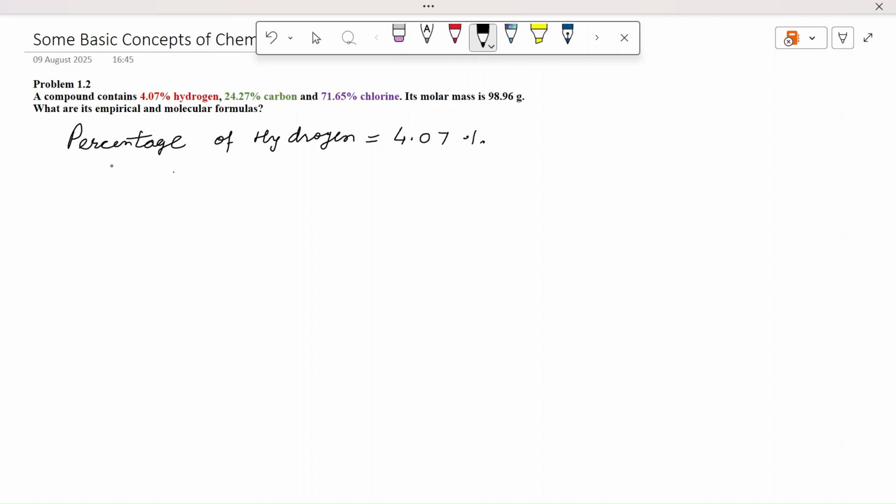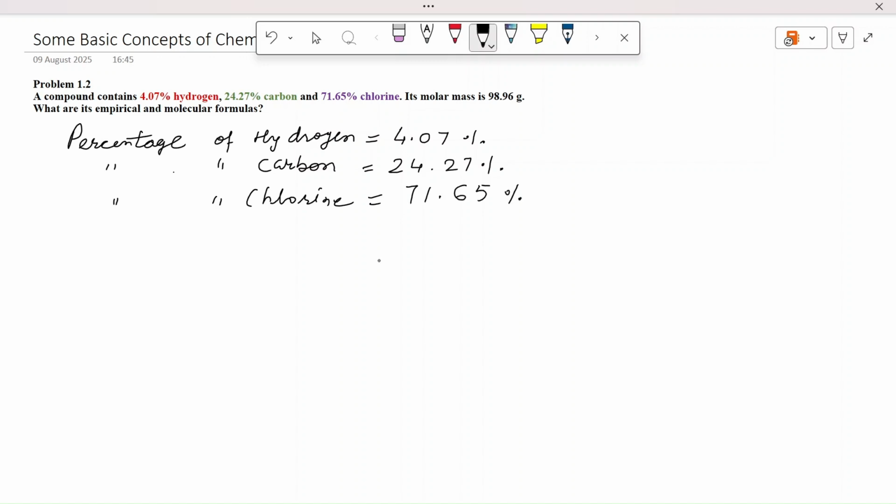We have also been given the percentage of carbon, which is 24.27%, and the percentage of chlorine is also given, that is 71.65%.